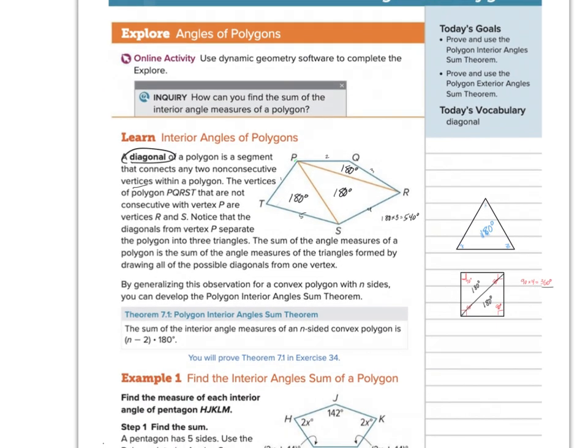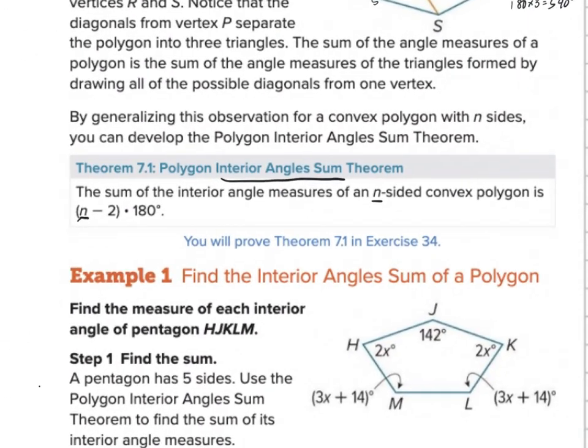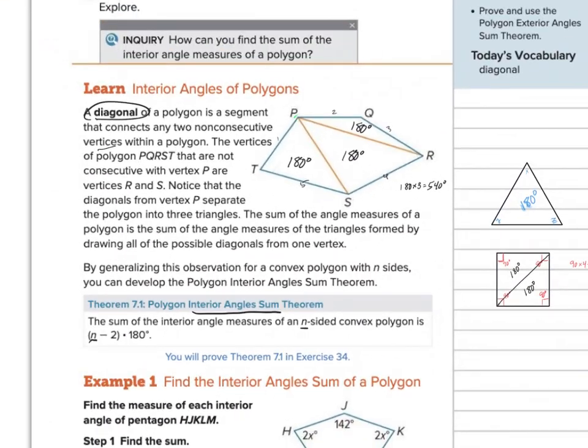That's what they're about to show us here. We actually have a formula for that. In order to calculate the interior angles, the sum of the interior angle measurements of an n-sided convex polygon is n minus 2 times 180 degrees. N is the number of sides that we have. That's why it says n-sided, whatever that number might be.